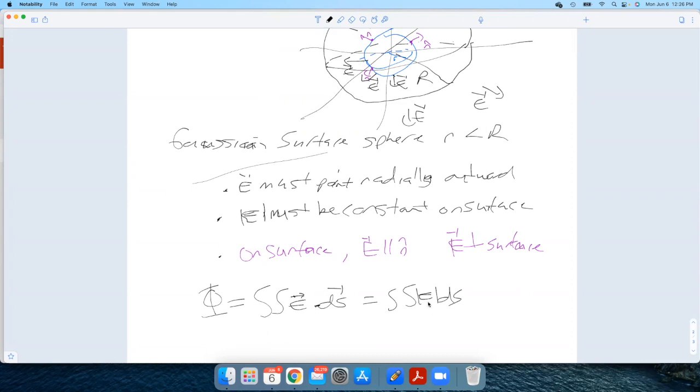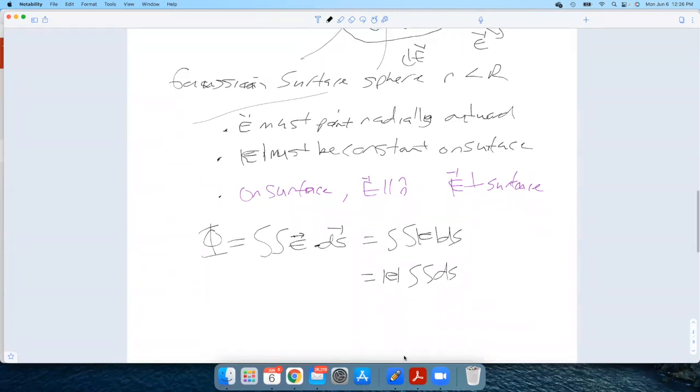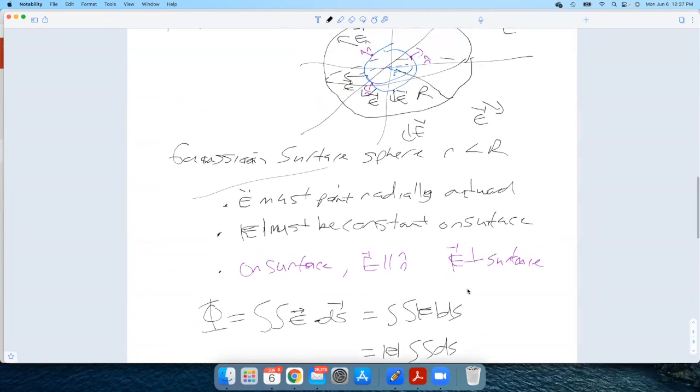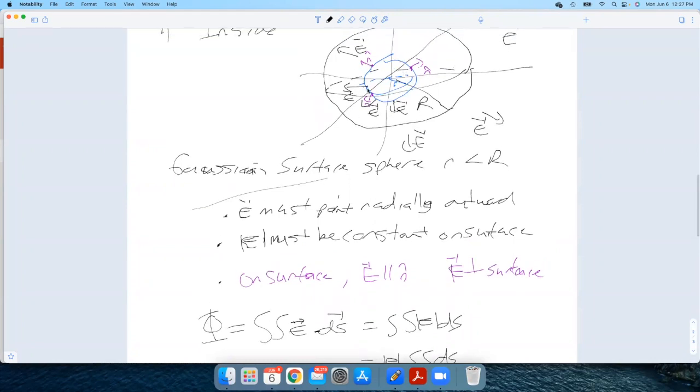I lose my little dot product symbol there. Because of number 1, I can pull that E out. Double integral of dS is just surface area. We're talking about a sphere here. So the surface area of a sphere is 4 pi little r squared, the Gaussian surface, not the big chunk of charge. I'm doing a surface integral over this blue. And his surface area is 4 pi little r squared.